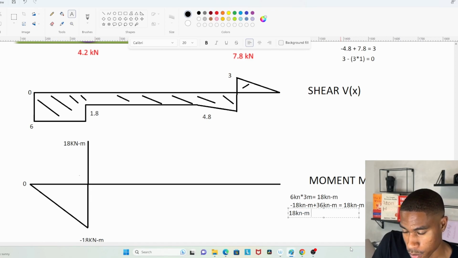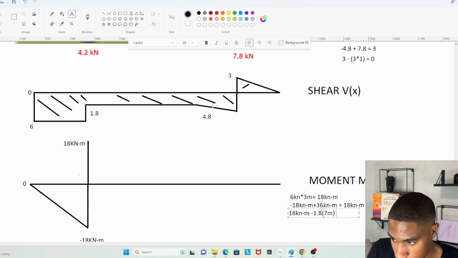And then we'll subtract, because it's a negative area, right? Minus 1.8 times the 7 meters. And that's going to bring us to the point of our distributed load. See what we get for that.